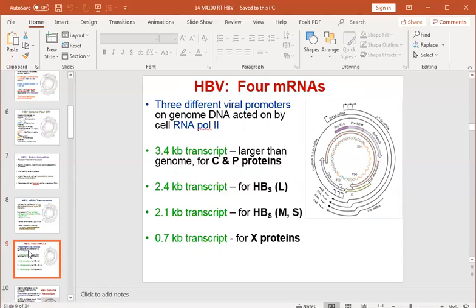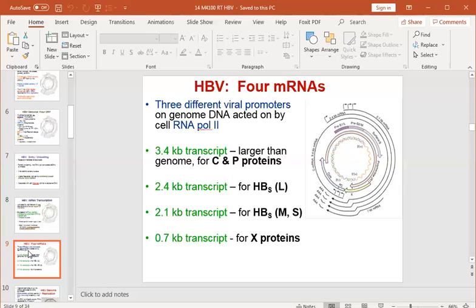RNA polymerase 2 of the host activates viral genes, leading to the expression of 4 mRNAs with different sizes. They range from 3.4 kilobase transcripts all the way down to 0.7 kilobase transcripts.